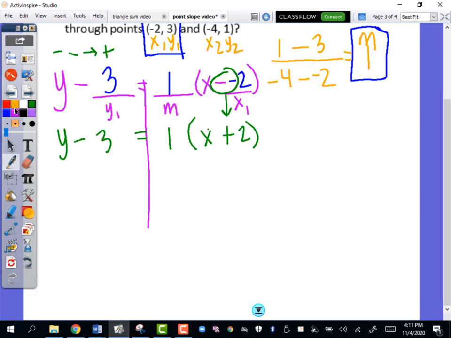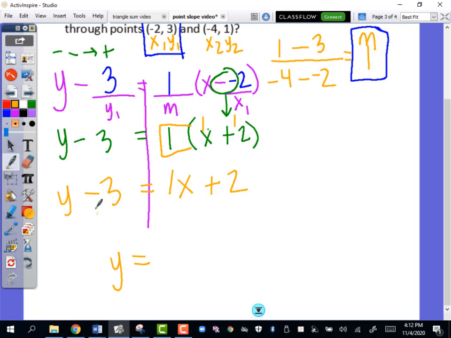Now we're going to solve for y. So first thing, I got to get rid of these parentheses just like we've been doing. So times 1 times 1. So 1 times x is 1x. 1 times +2 is +2. Bring this side down. Equal sign. And then I need y alone.